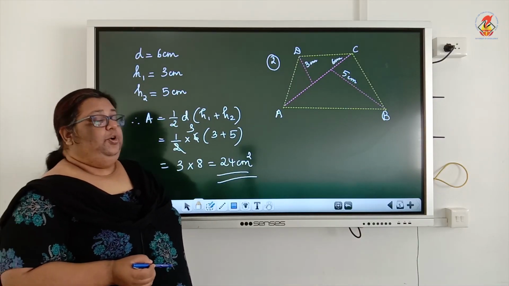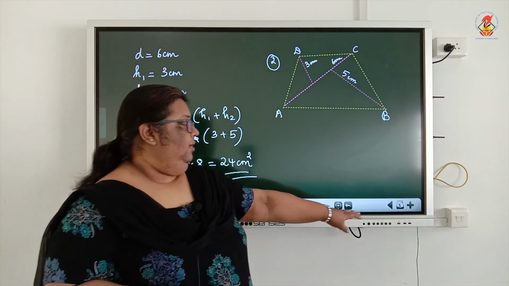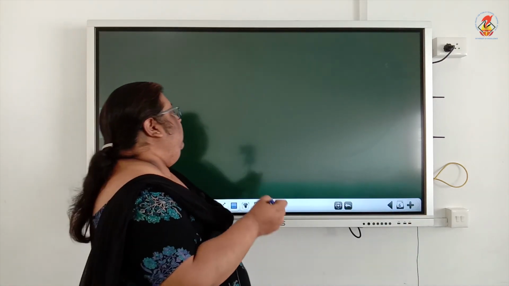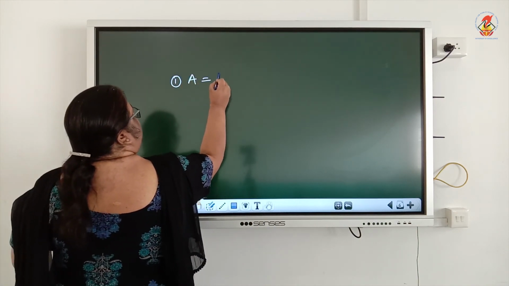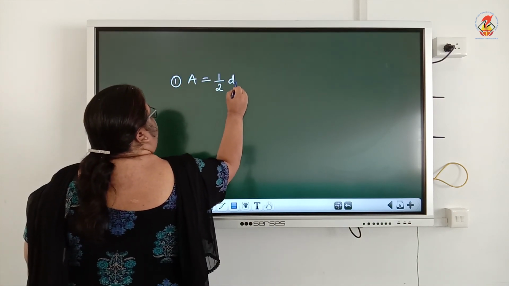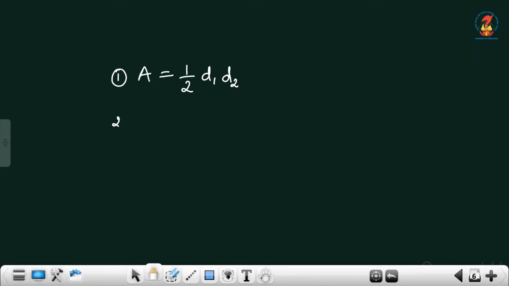So in this video we have learnt 3 formulas. What was the first formula? Area of a rhombus equals half D1 D2. The second figure was the trapezium.